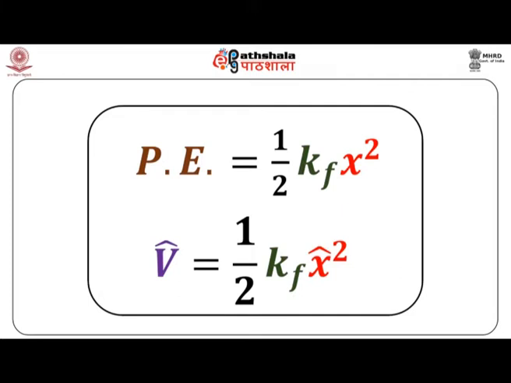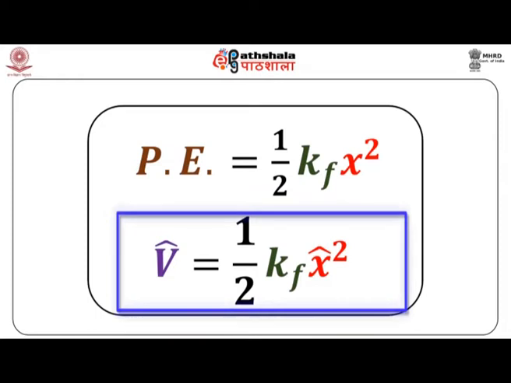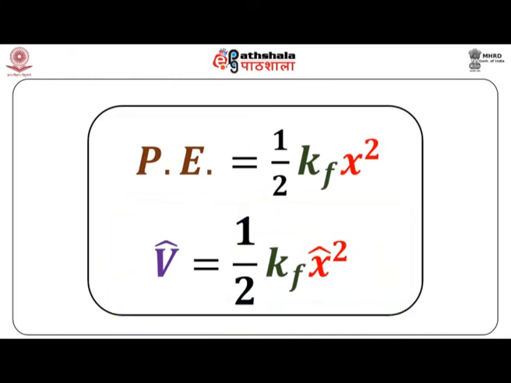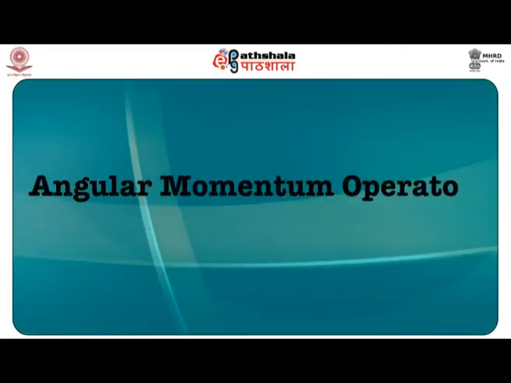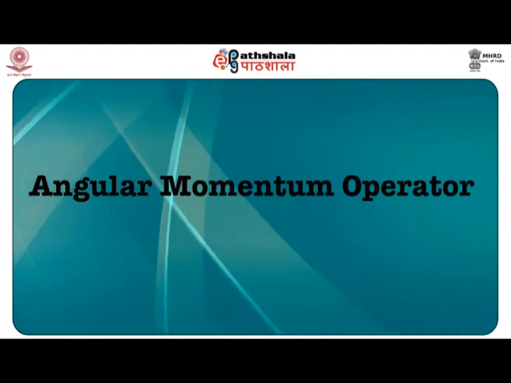Now if we have to write the quantum mechanical operator for this potential energy, which is V cap, that will become half k_f x cap square. So for x we write x cap square, and that becomes the potential energy operator for the linear harmonic oscillator. Now we will discuss angular momentum operators.